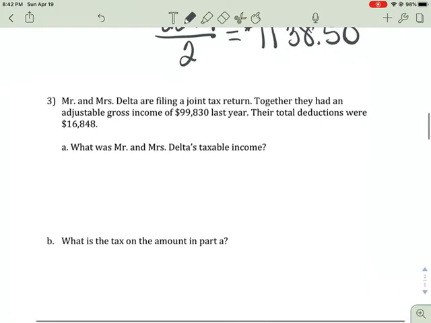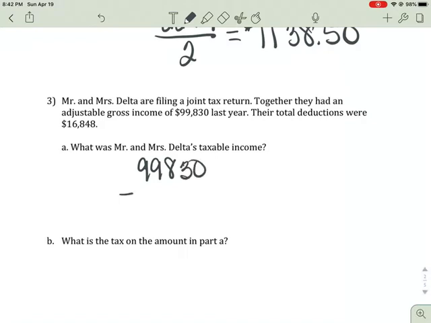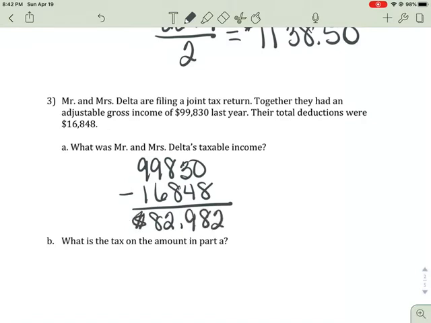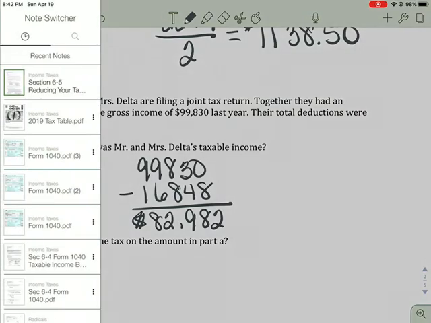All right, so we're going to take that $99,830 and subtract the $16,848, to figure out their taxable income after deductions. Okay, so that's $82,982.